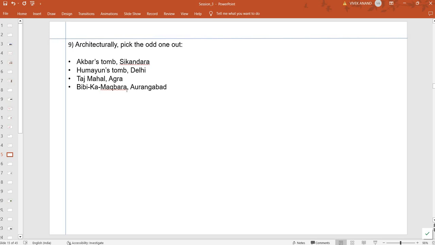Can you see a Bangla roof in Akbar's tomb?